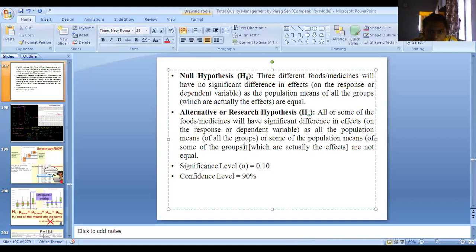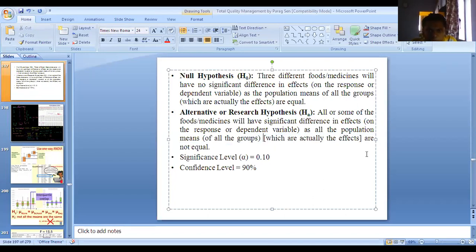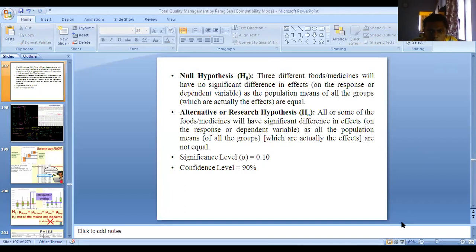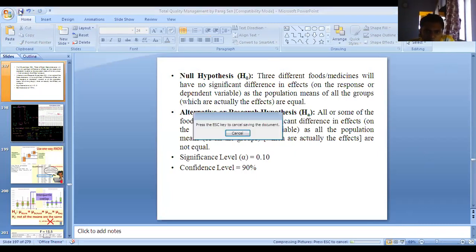So it means all the population means are not equal. I'm saving it. But all the population means are not equal. It does not necessarily mean that all the population means are different.